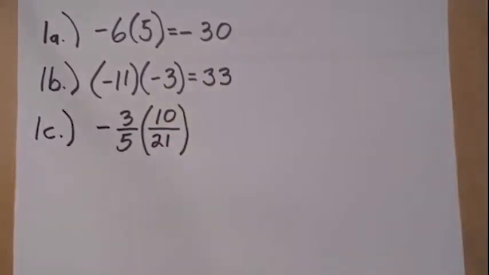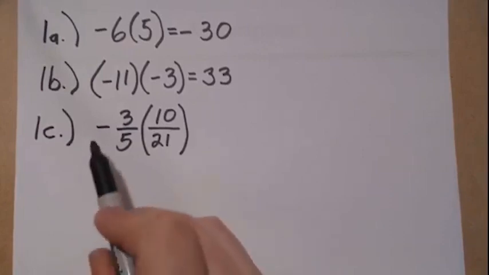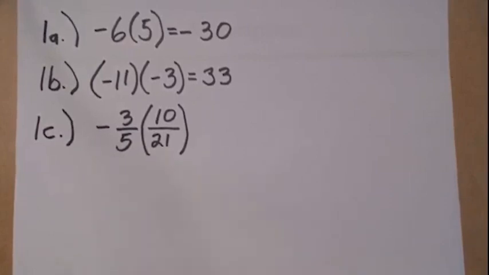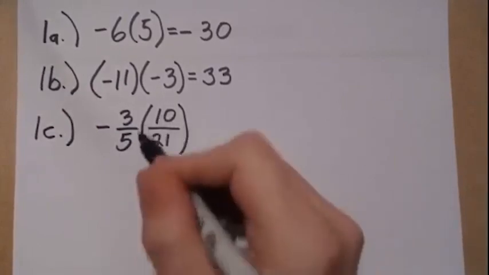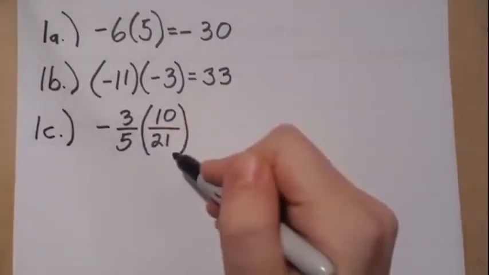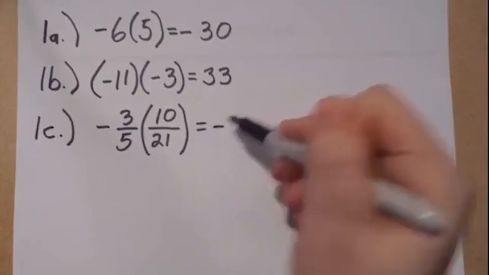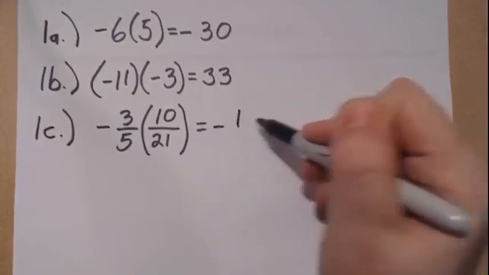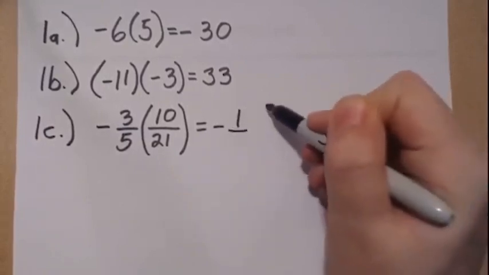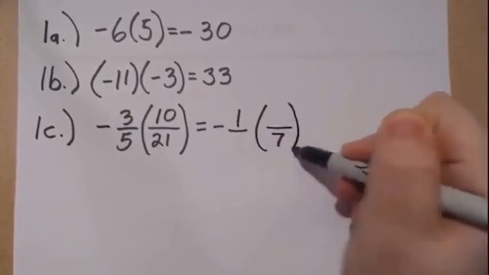In 1c, we have negative 3/5 times positive 10/21. We know that our answer is going to be negative because it is a negative times a positive. So we multiply fractions just like normal. 3/21 can be reduced to 1/7.